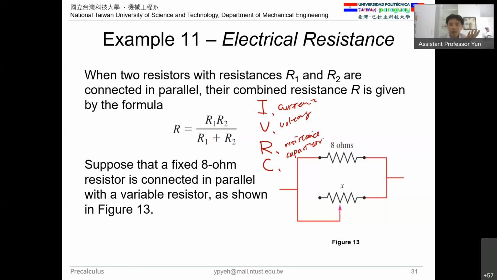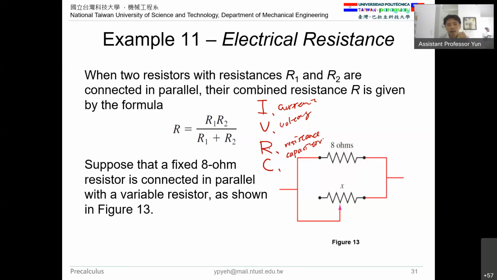Okay, so we can imagine that the current means the amount of electron flow, and the voltage is the amount of electric potential.